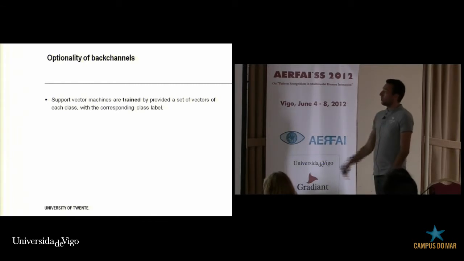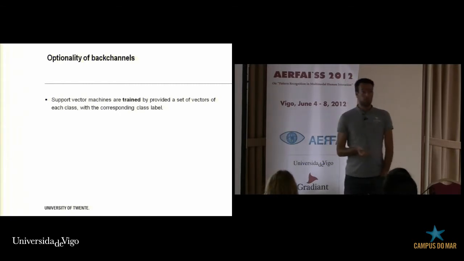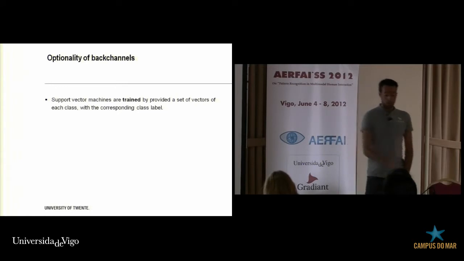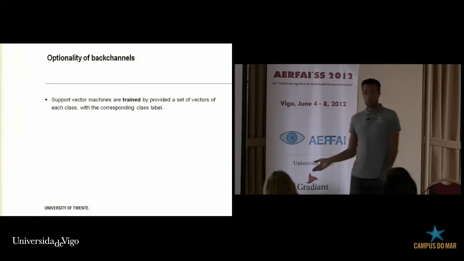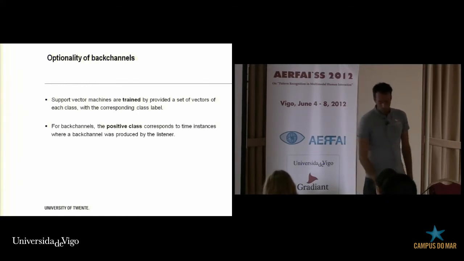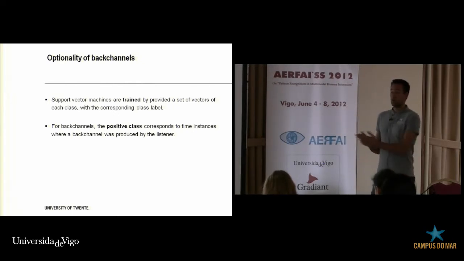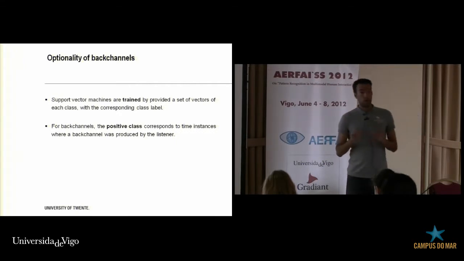Okay, so back to the optionality of backchannels. If we have support vector machines, we need to train them with a set of samples. Some need to be positive, some need to be negative. So we have a two-class problem, and we have to provide samples of either. But then we have a problem, because we have positive samples, which are the right moments to provide a back channel, and we know if we train from a corpus that they are right.